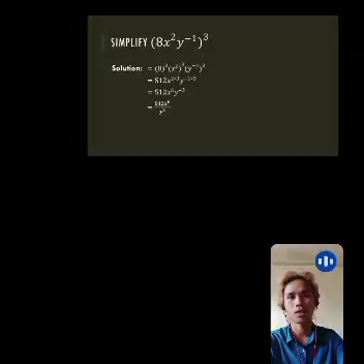So we distribute that to the base 8 and to those variables with exponents, which are x squared and y raised to the power of negative 1. Then we multiply: 8 raised to 3 is 512.